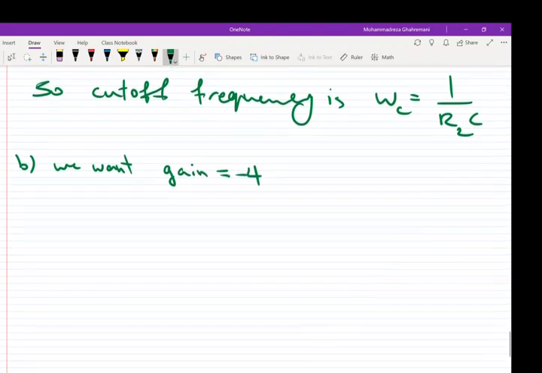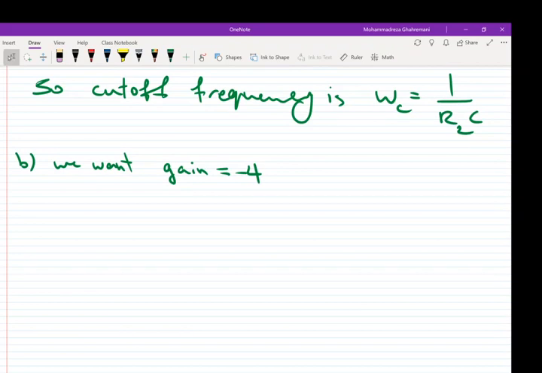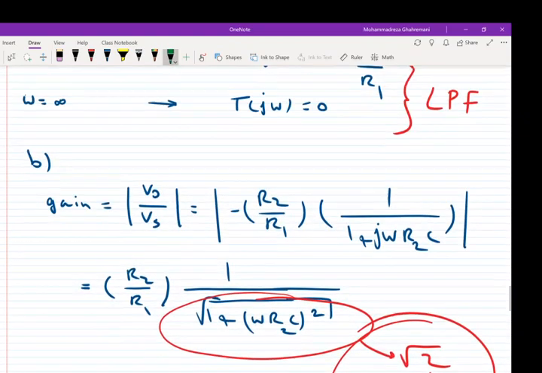-4. Okay, we know that the maximum gain Vo over Vs is negative R2 over R1, as we saw here.